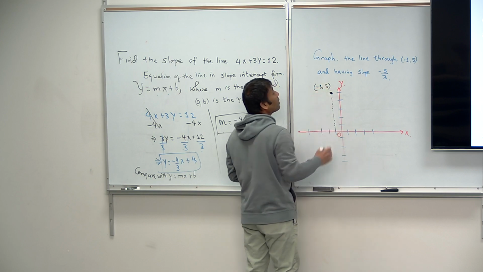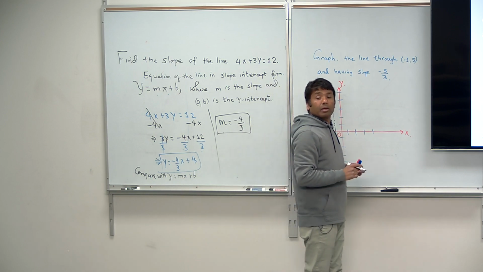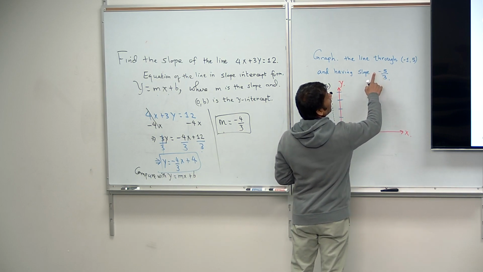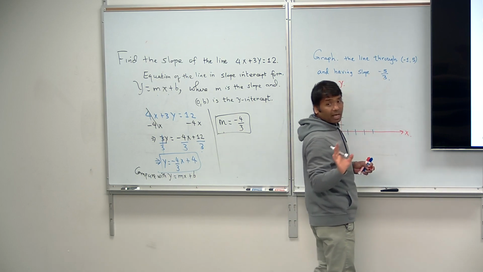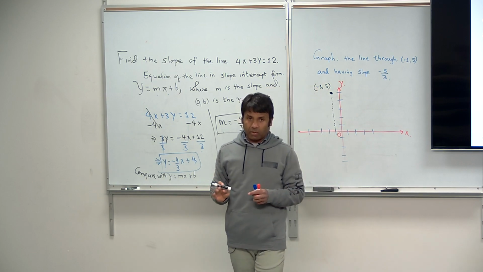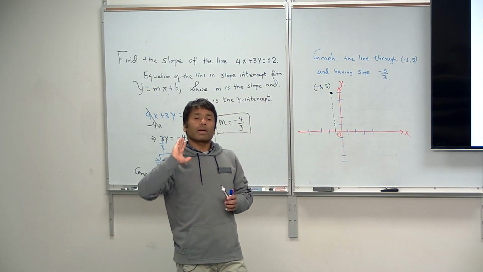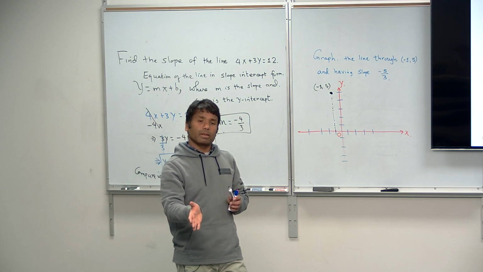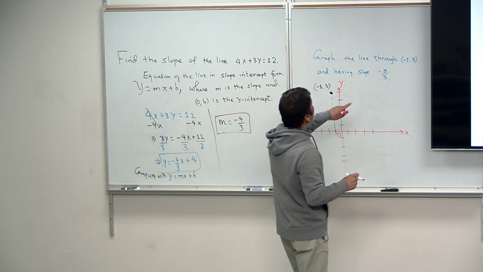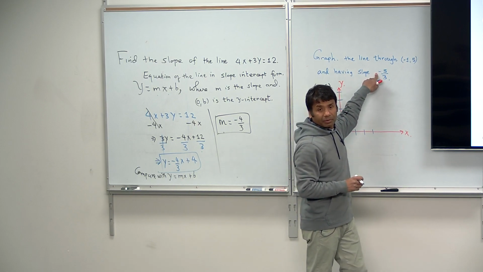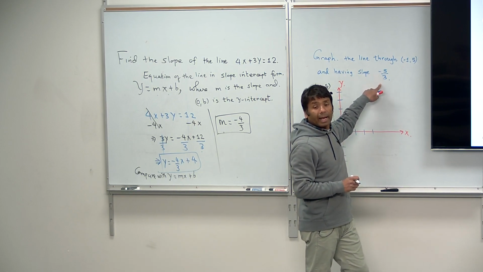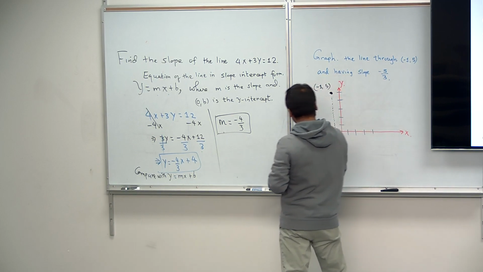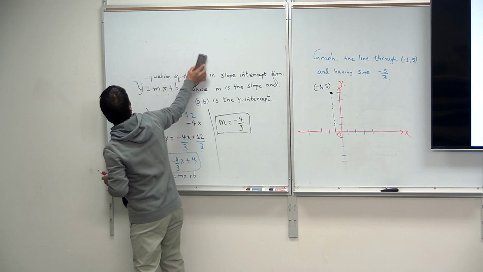And then look at the slope. What is the slope here? Slope negative 5 over 3. So rise: the change in the vertical distance is negative 5. You can think in that way, and the change in the horizontal distance.